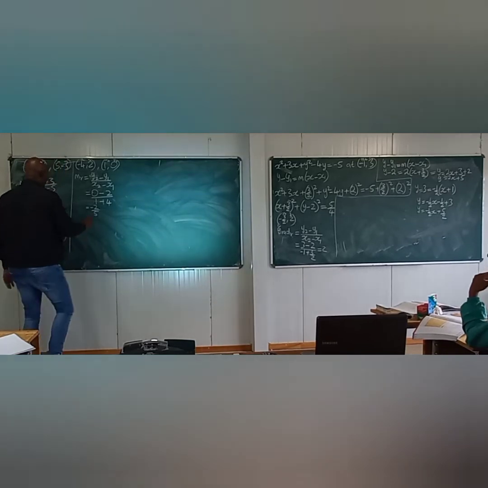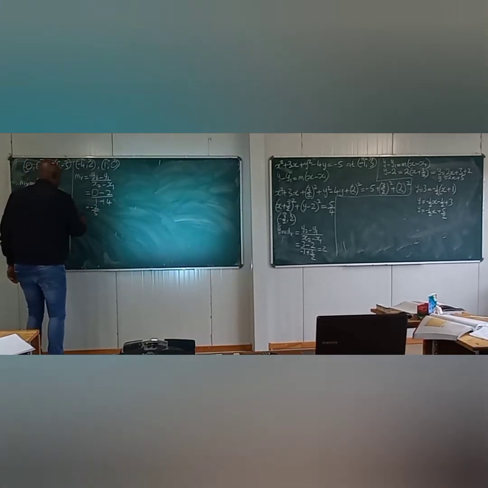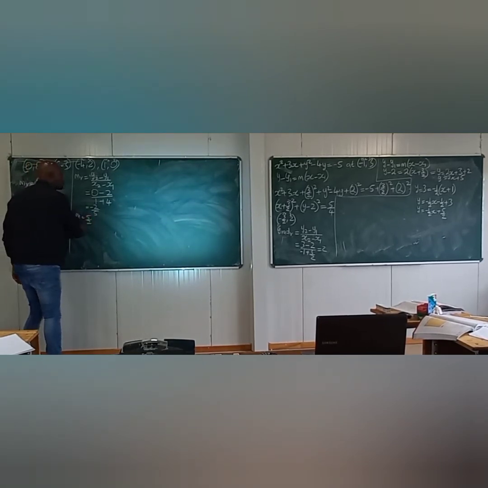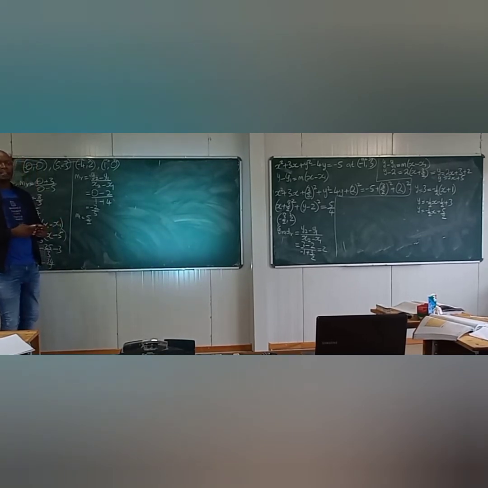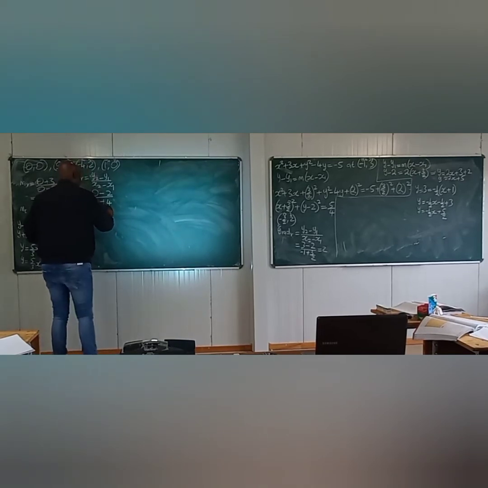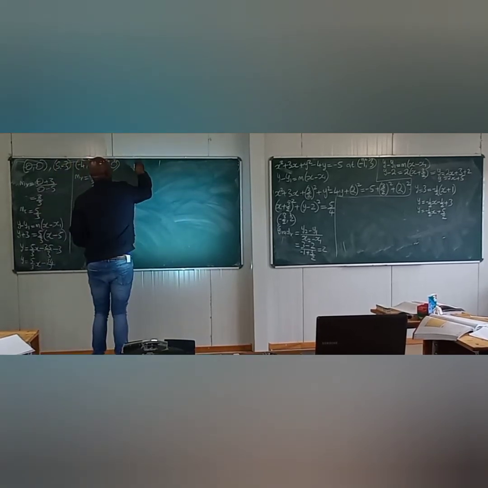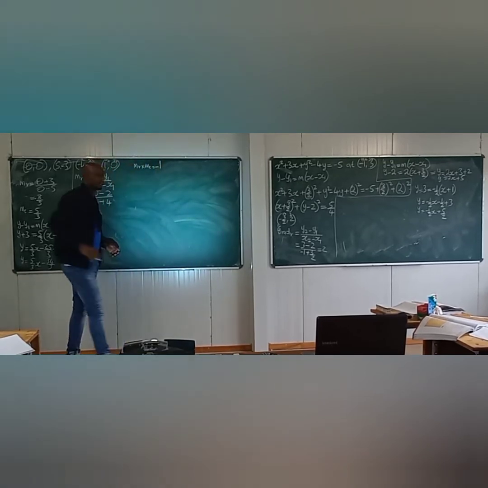Then take the negative reciprocal of this one. So for our m tangent equals 5 over 2. It's important as well to write this: m radius times m tangent equals negative 1.